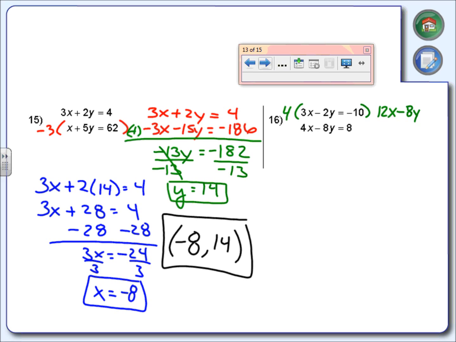Well, that's a good question. We can multiply it by either a positive or a negative. In this particular case, we're using a positive 4. That is going to affect whether we add or subtract. So right now, I'm going to leave it as positive 4, but yes, I could have very easily used a negative. 4 times negative 10 is negative 40.